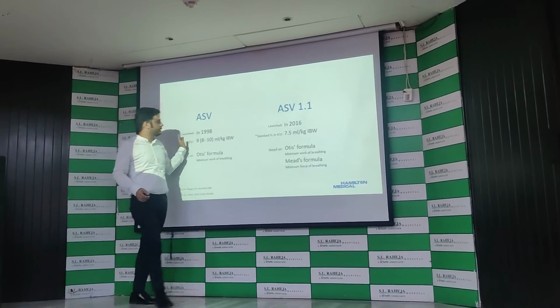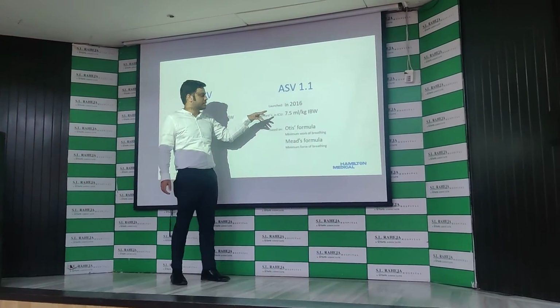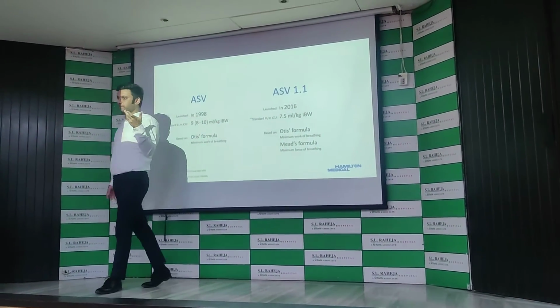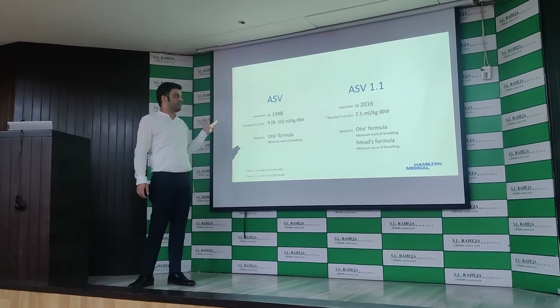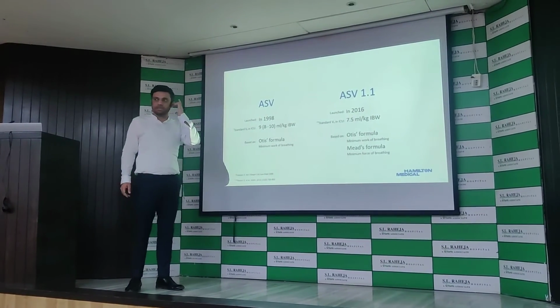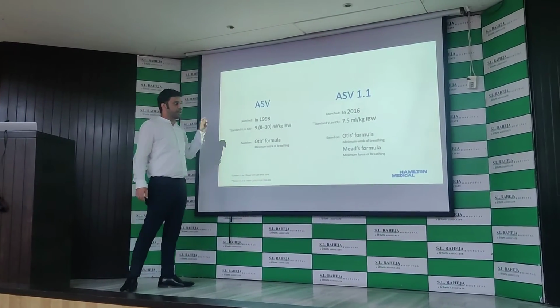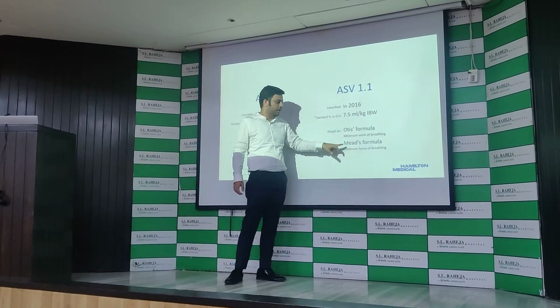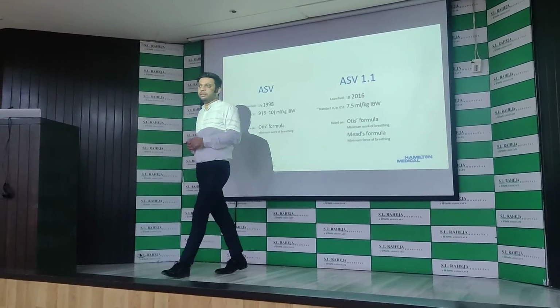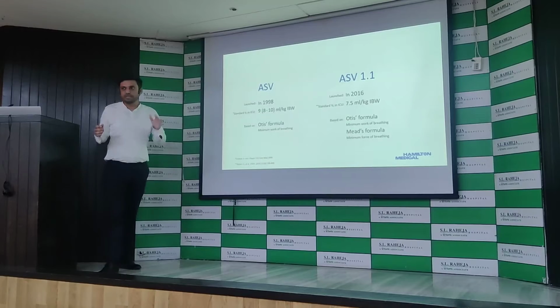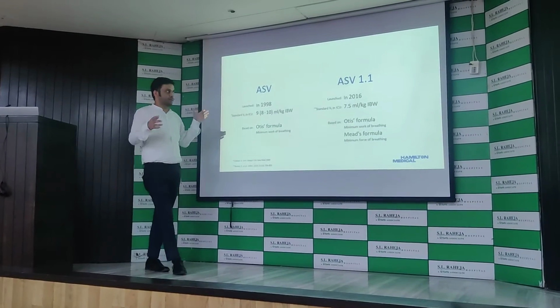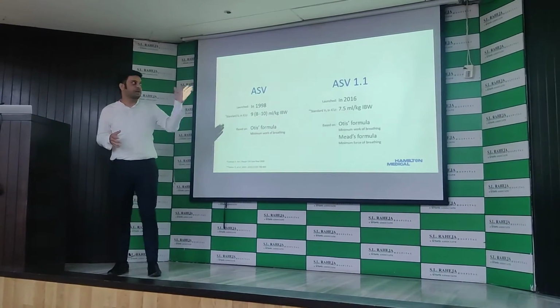But then again it was relaunched in the year 2016, where they came with the new volume, which is 7.5 ml per kg for the ideal body weight, and it is based on both the Otis formula and the Mead's formula, as explained by Dr. Laga in her slides. So this is exactly what we have right now, the ASV 1.1 version in the machine.